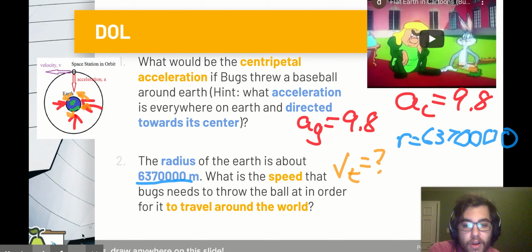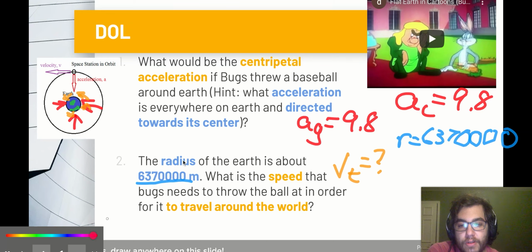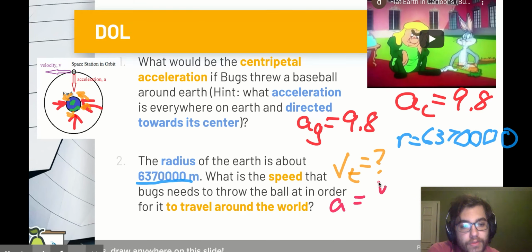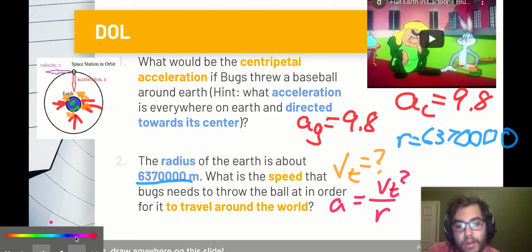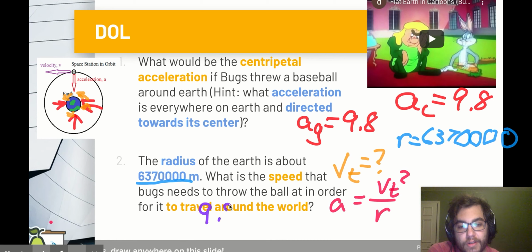So in order to solve for this, we use our equation of A is equal to VT squared over R. I know I'm kind of running out of room. Hopefully you didn't. It's okay if you cheated a little bit to get more room, like you didn't write all of these steps and you just started here. That's fine.